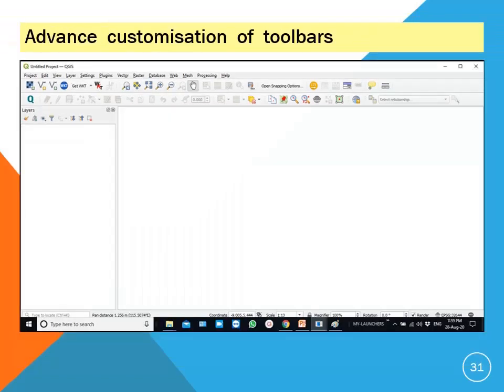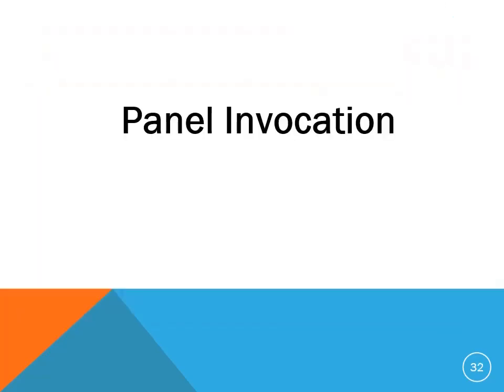The slide depicts a screen of QGIS with customized toolbars, which has made a wide map view area available. Now our focus is getting switched from toolbars to panel invocation.